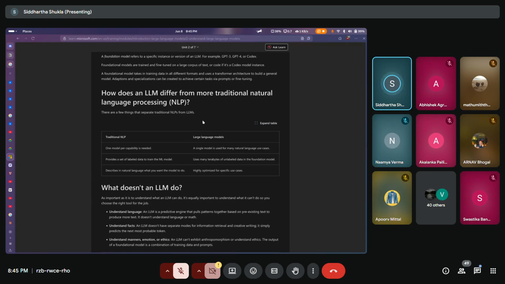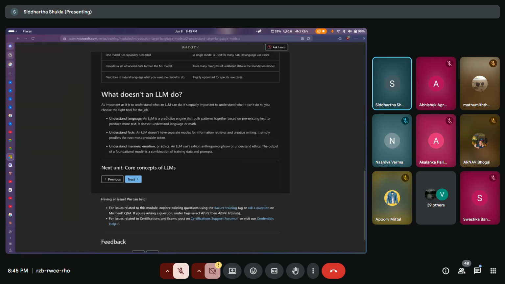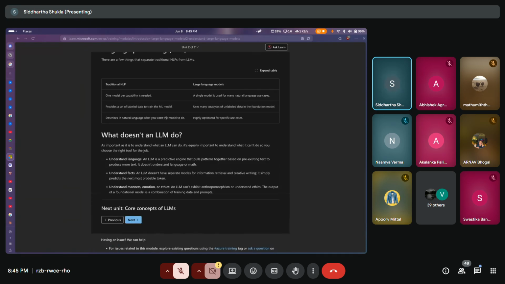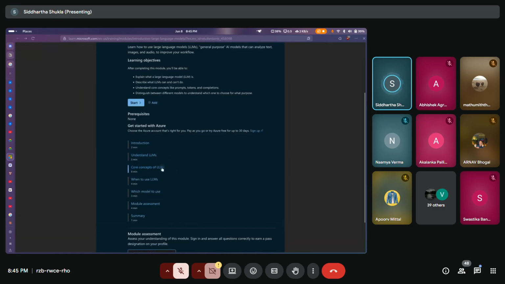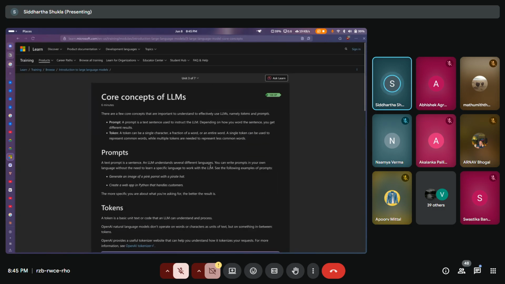That was traditional natural language processing, and now I've explained to you LLMs, the attention mechanism and everything. So this goes over the understanding of LLMs.